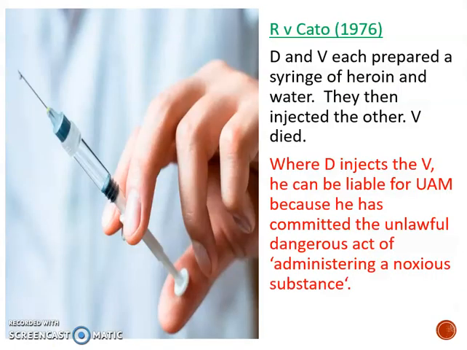Causation in UAM has been problematic in terms of drugs cases. In Cato, it was said that if the defendant injects the victim and they die, he can be guilty of UAM because he's done the unlawful dangerous act of administering a noxious substance.